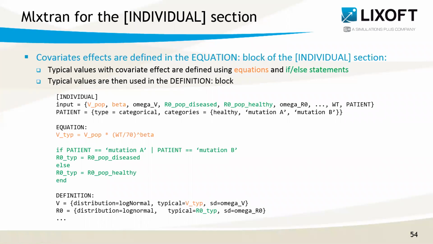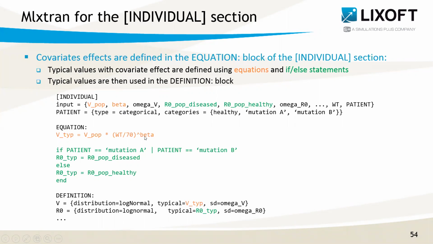And then we need to define the covariate effects. And this is done in the equation block of the individual section. So here, let's first look at the continuous covariates. I have defined a typical volume V_tip that is equal to V_pop multiplied by the covariate effect.